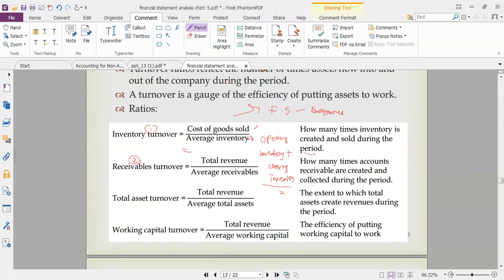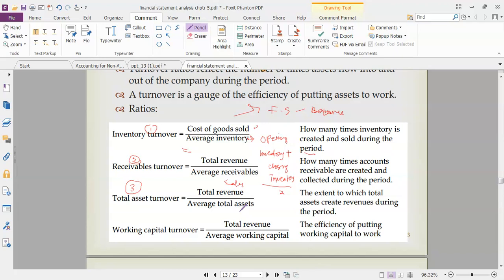So next, the third one, total asset turnover. Total asset turnover is the total revenue or sales divided by the average total asset. What is the total asset turnover?